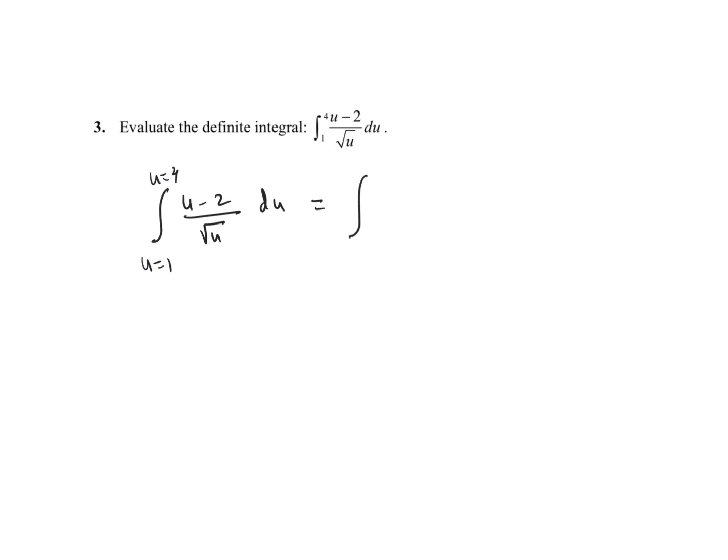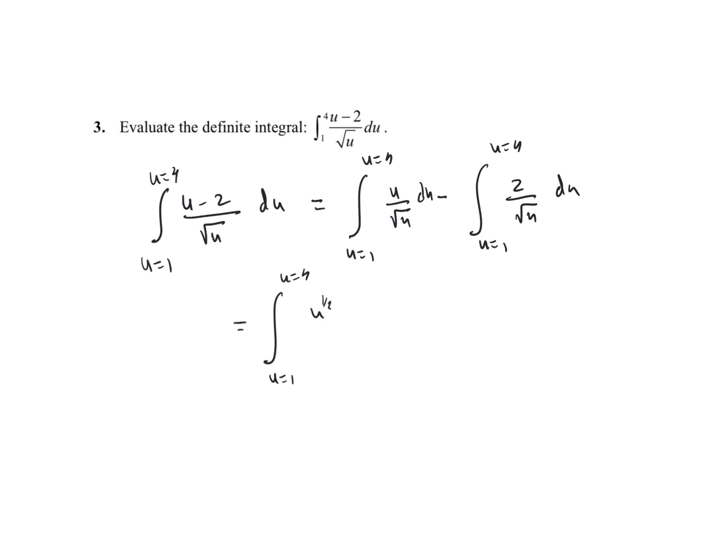We will do it like this: the integral from u equals 1 to u equals 4 of u divided by the square root of u, minus the integral from u equals 1 to u equals 4 of 2 divided by the square root of u du. Let's do it. u divided by the square root of u is the integral from u equals 1 to u equals 4 of u raised to the power 1/2, du.